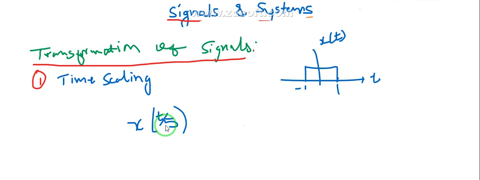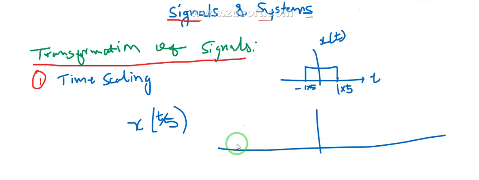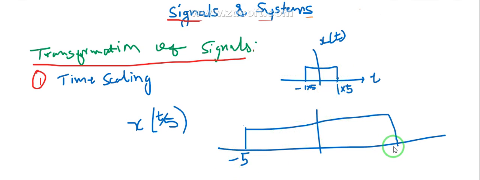If you write 5 here, you should multiply by 5, so the signal will expand. Don't consider the amplitude, as I have already said. It becomes minus 5 to plus 5. That's all about time scaling.